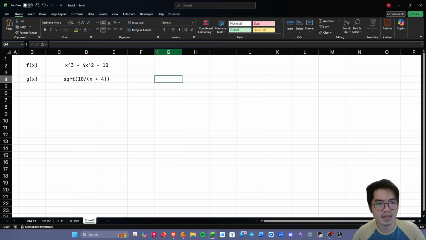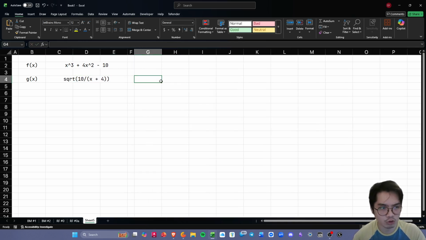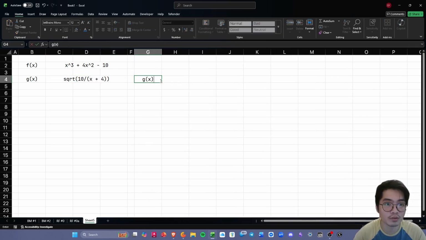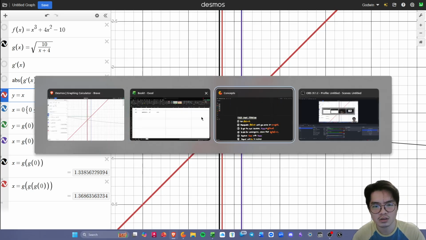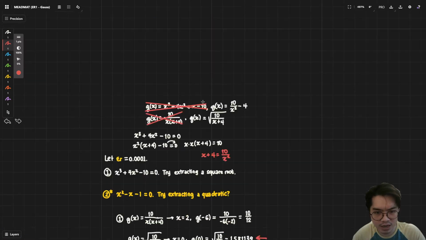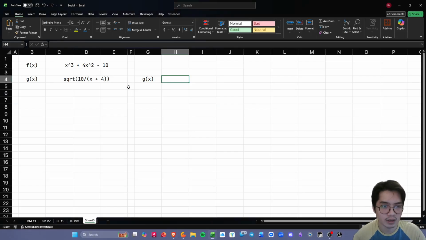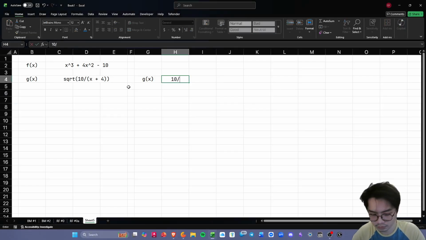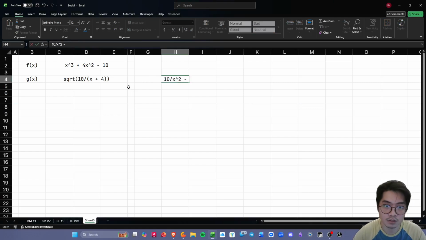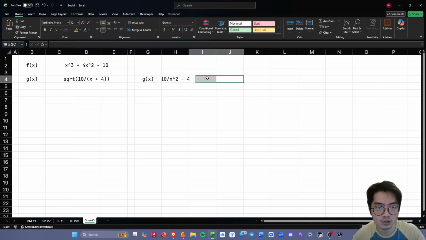Let's have another g of x in here actually. I just want to see what that would do. Let's try out the other one, which is, where did we write this down? We want to try 10 over x squared minus 4. Try this out.